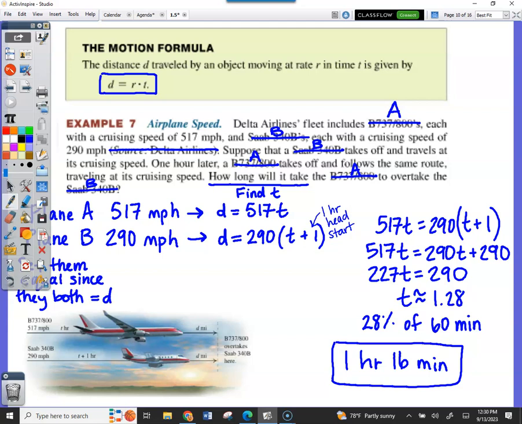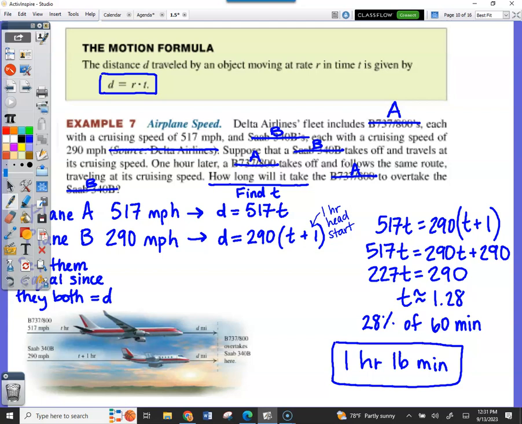Let me also ask you, if I had said, I'm going to rephrase this, right? If I said plane A takes off and reaches its cruising speed, plane B took off an hour earlier and reached its cruising speed, what did I change there?